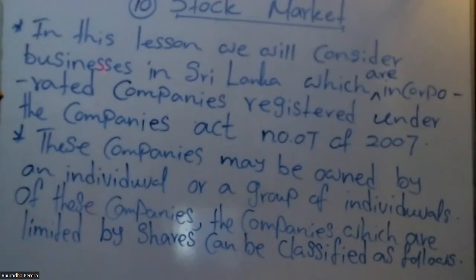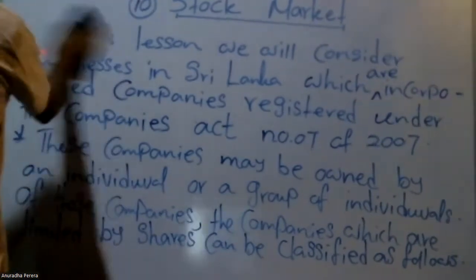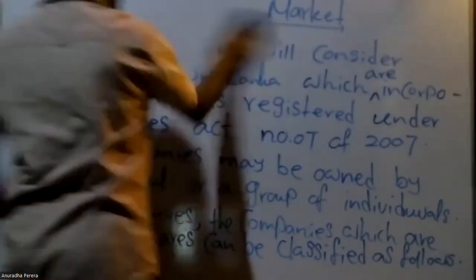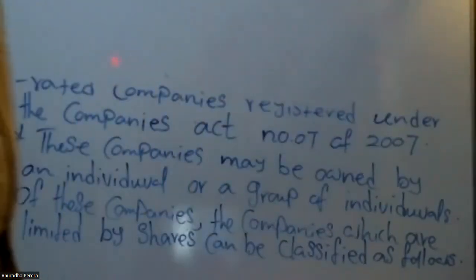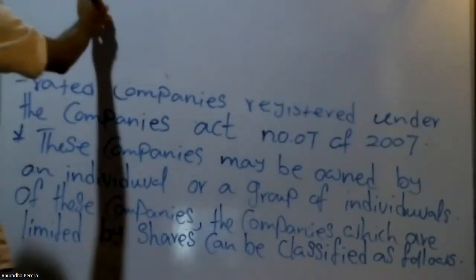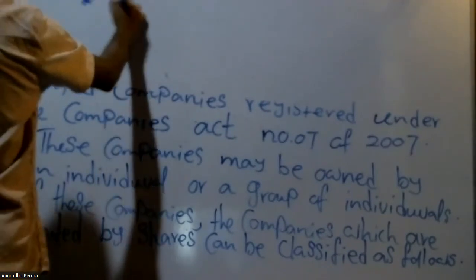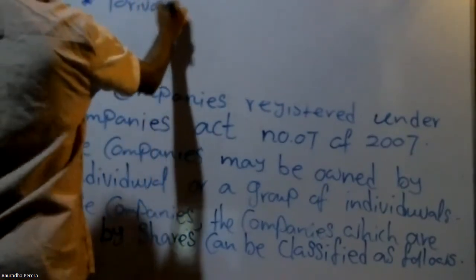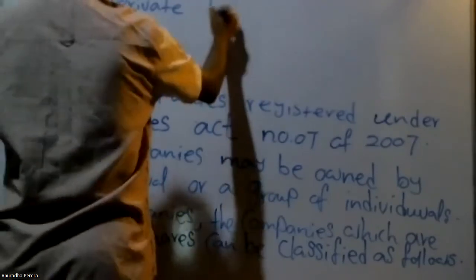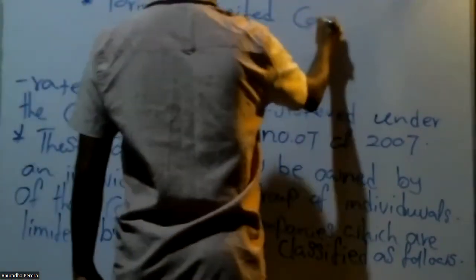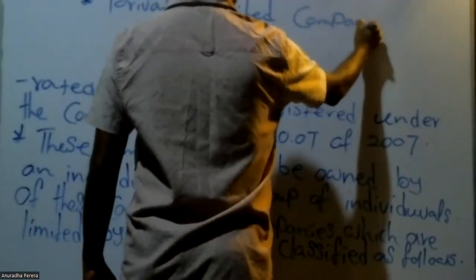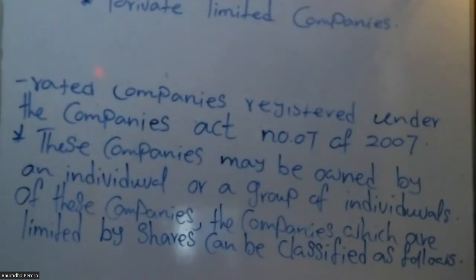There are two types of companies. One is private limited companies.